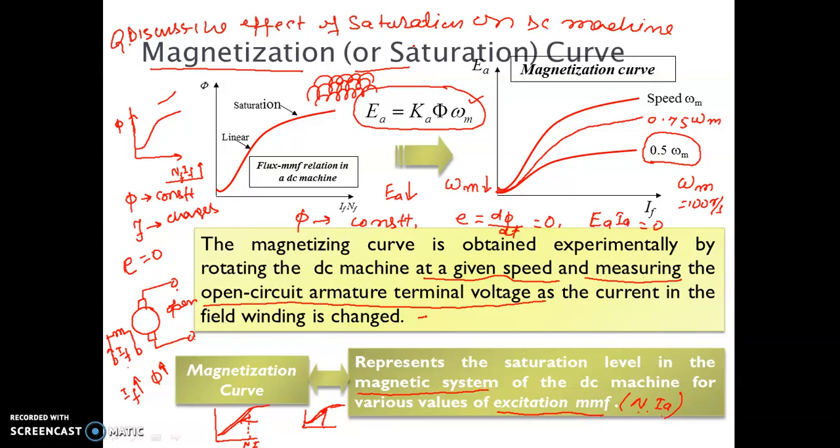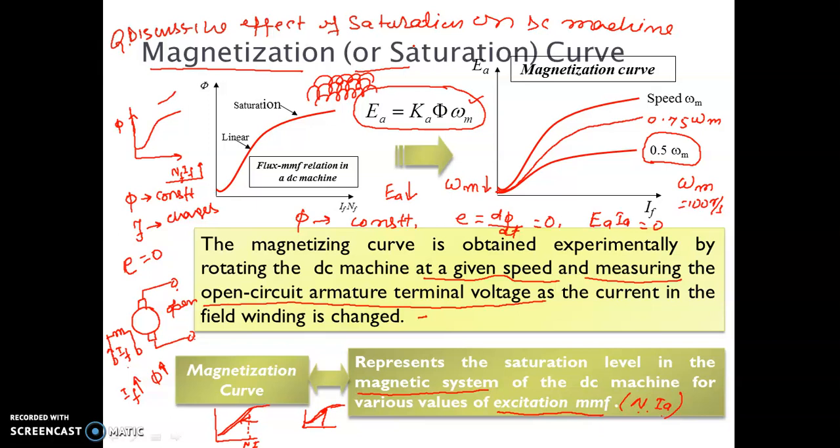I have covered this saturation topic in these four videos. In the first part I discussed the classification of DC machines. After that I discussed the armature reaction effect. Then I talked about magnetization and saturation. What are the armature effects that I have discussed already?